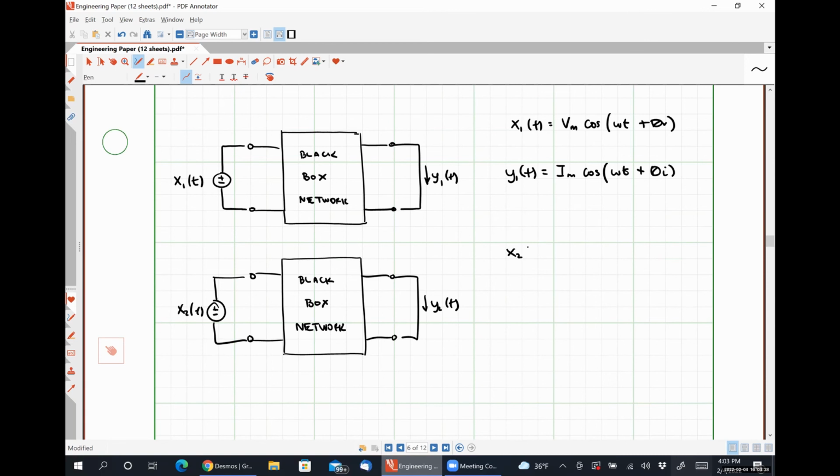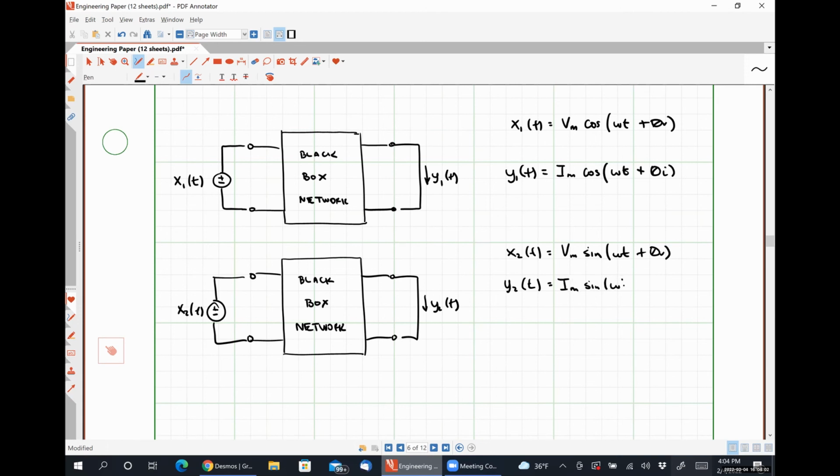So if x2 of t is Vm sine omega t plus theta v, what do you think a reasonable guess at what our output signal should be is? Im sine omega t plus theta I.